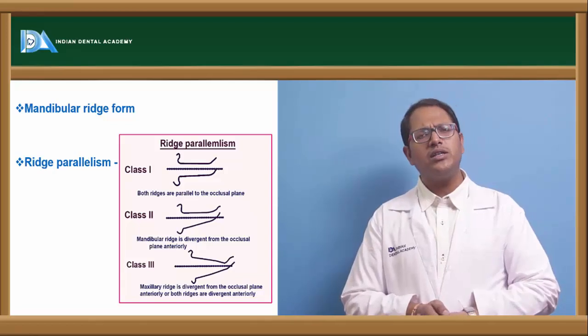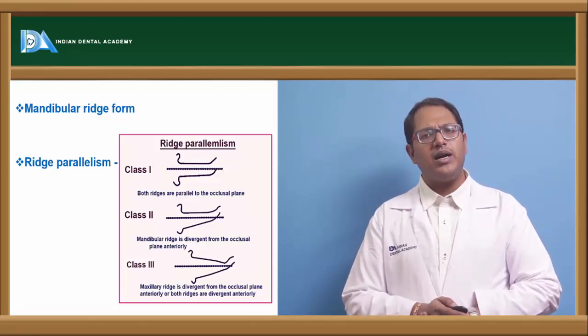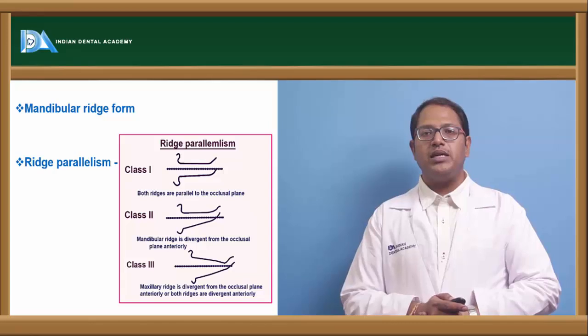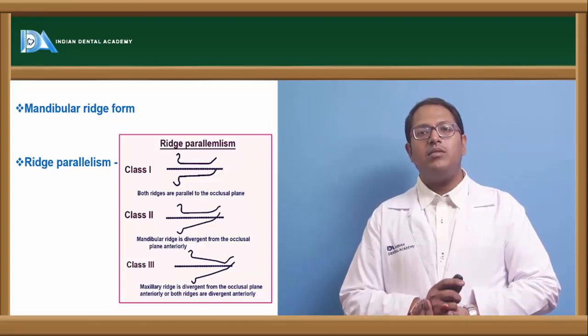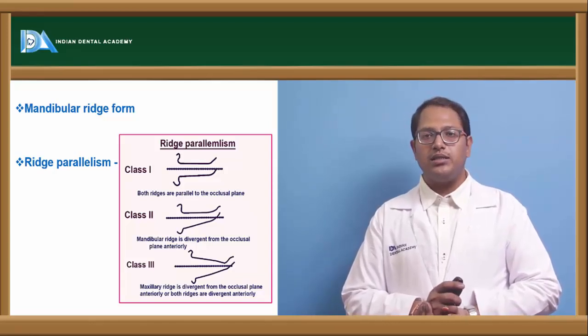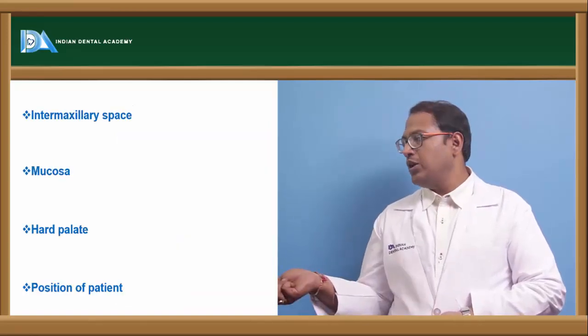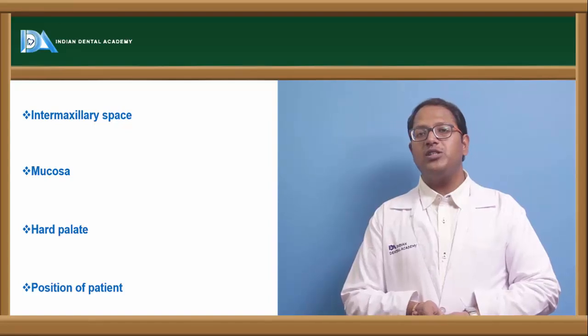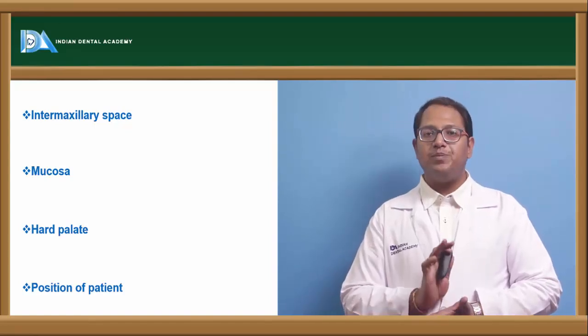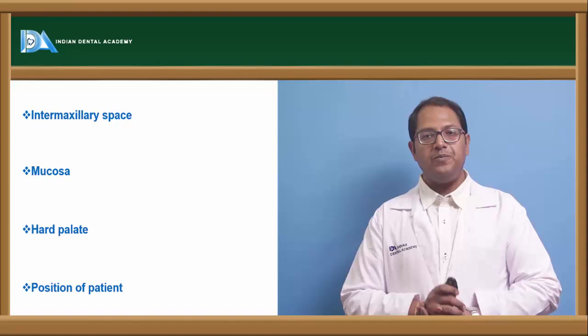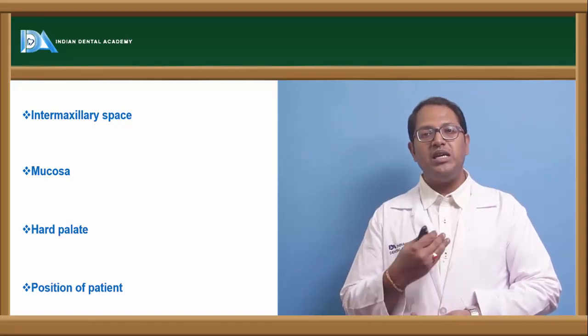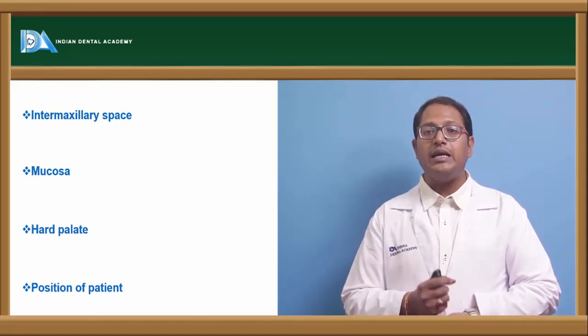How will we watch for and anticipate ridge parallelism? We are supposed to take the study models and mount them in an articulator to find out the parallelism of the ridge. Another way to find out ridge parallelism intraorally is to ask the patient to be steady, relax himself, and speak a bilabial word like "ma".